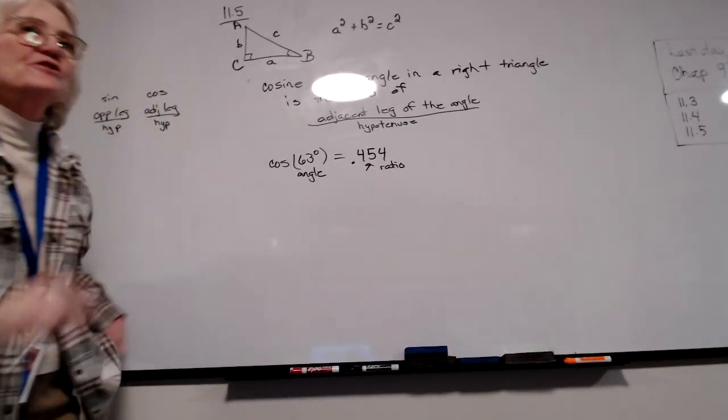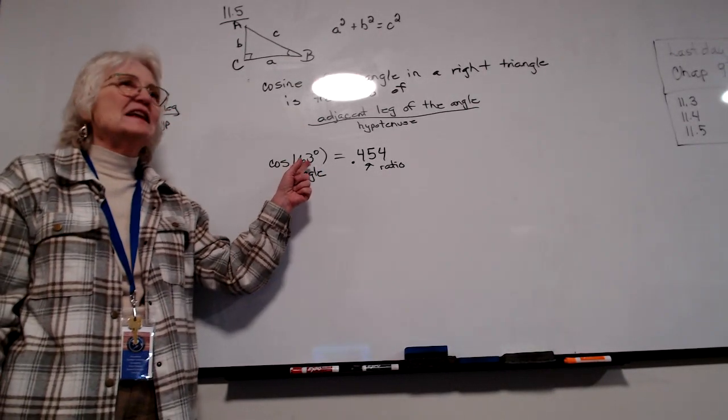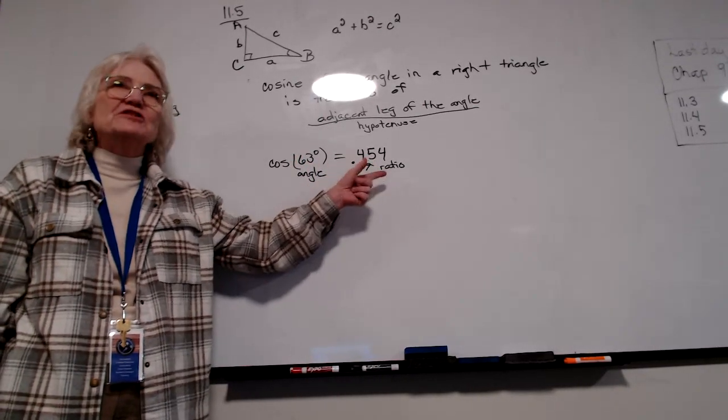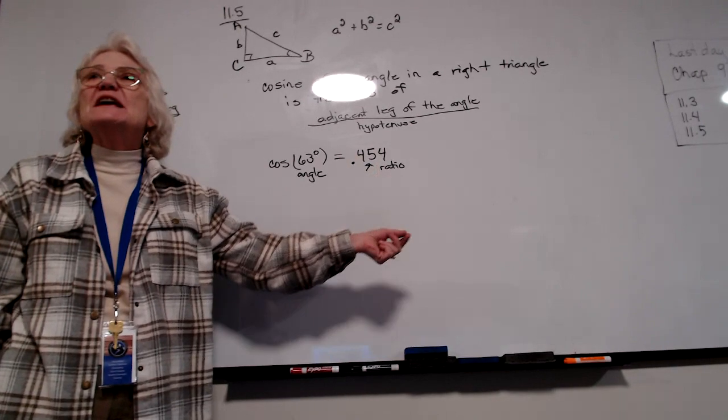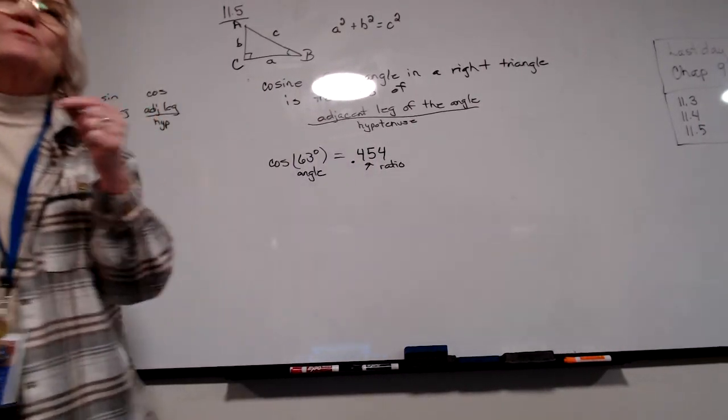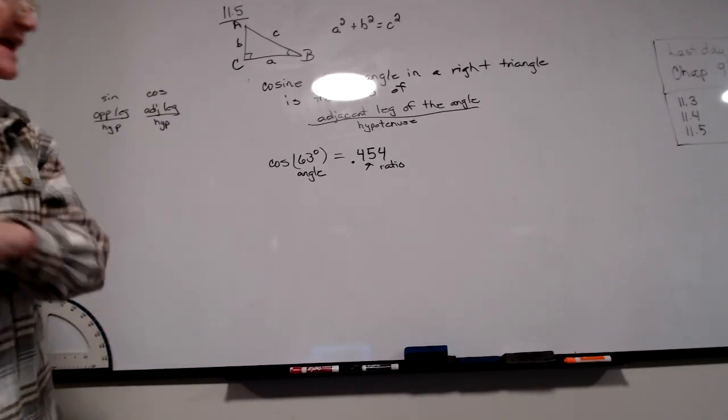I'm really making sure that you understand when I put the cosine in, it's of the angle and it gives you a ratio. When we do inverse cosine, it's the opposite. You put the ratio in and you get the angle.